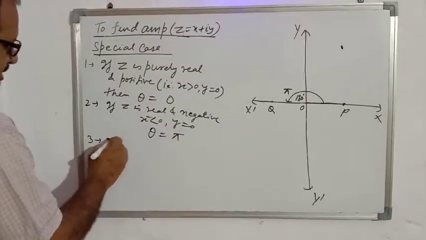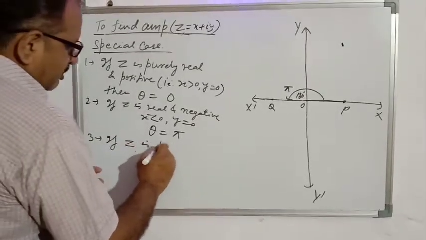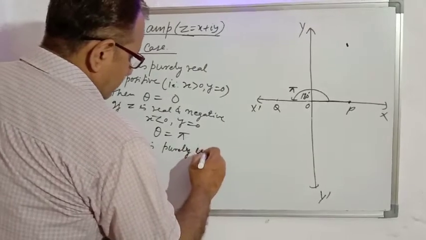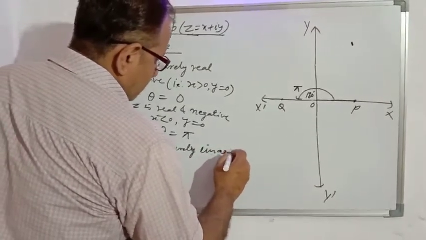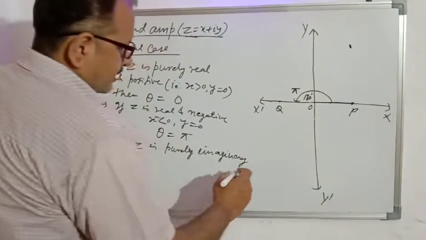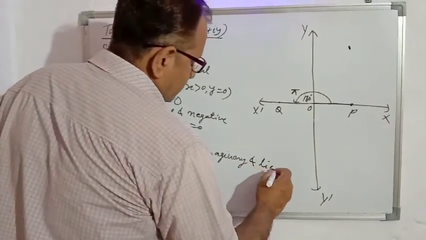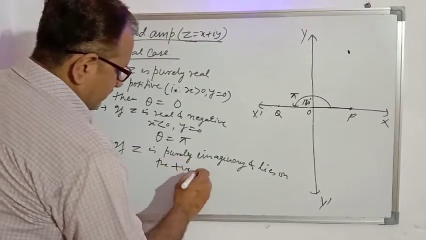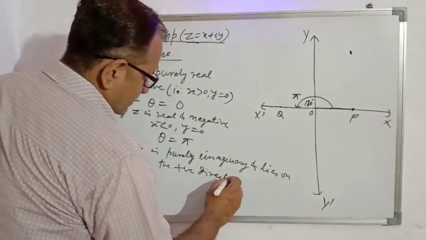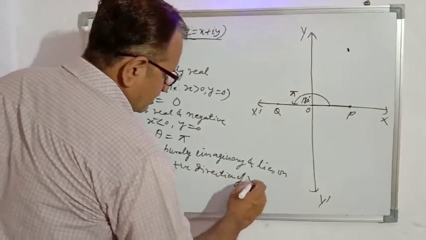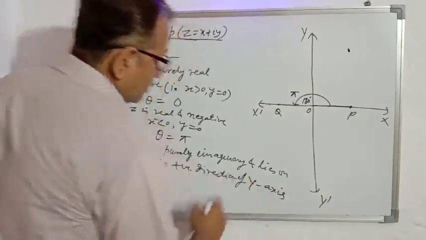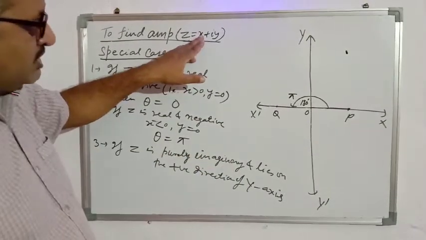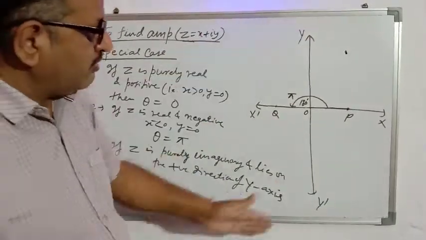Third case, if z is purely imaginary and lies on the positive direction of the y-axis. If z is purely imaginary, meaning real part is 0, it will lie on the y-axis.